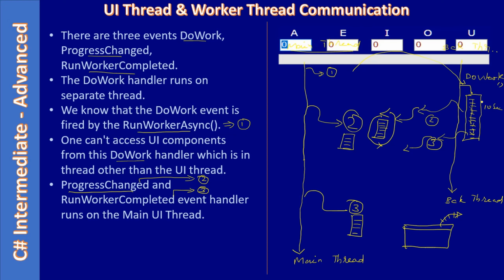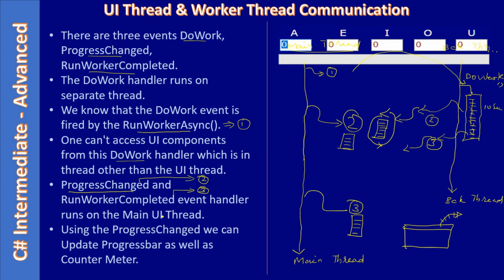So this task will not get disturbed, and at the same time the main UI thread also will be doing its task without any disturbance. They both are running in parallel. Using ProgressChanged, we can update the progress bar, as you will see soon.